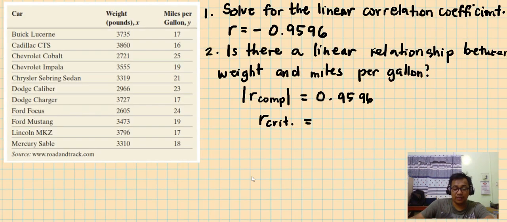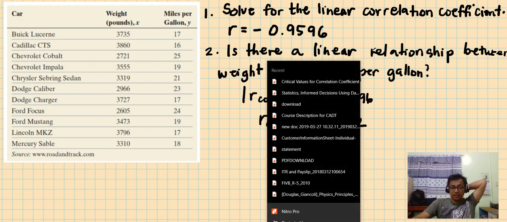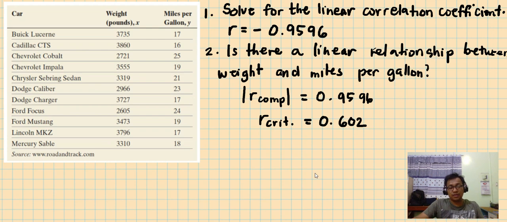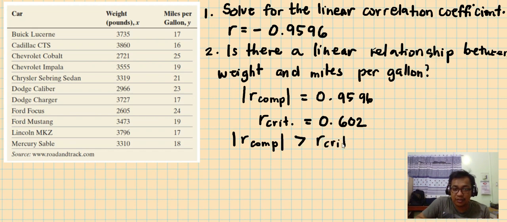So, let me write that one: 0.602. Now, since our R computed is greater than R critical, that is our observation.